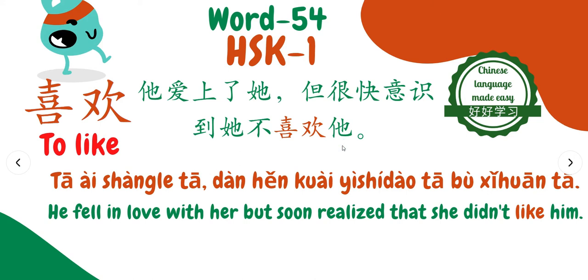Okay, he fell in love with her, but soon he realized that she didn't like him. So this is the sentence. 他爱上了她，但很快意识到他不喜欢她。He fell in love with her, but soon realized that she didn't like him. I hope you got this.